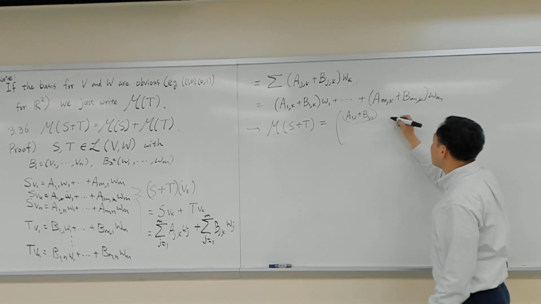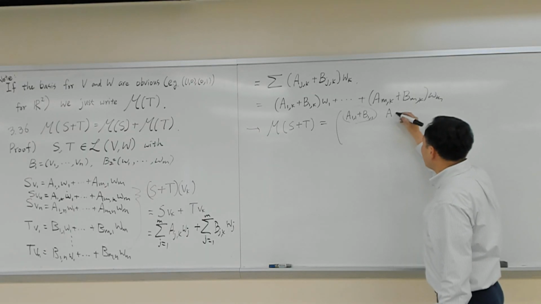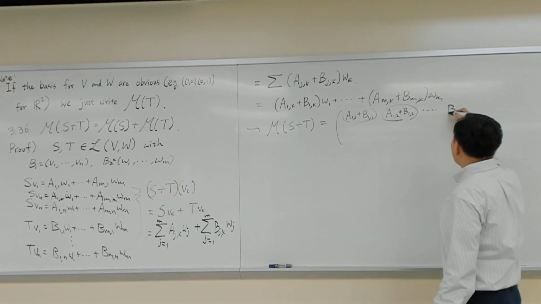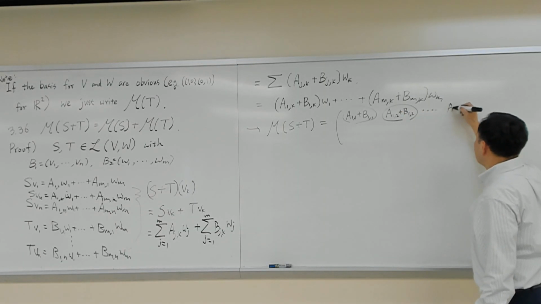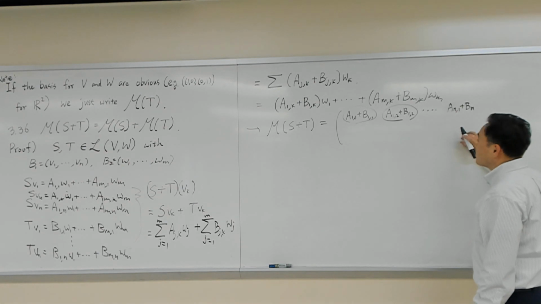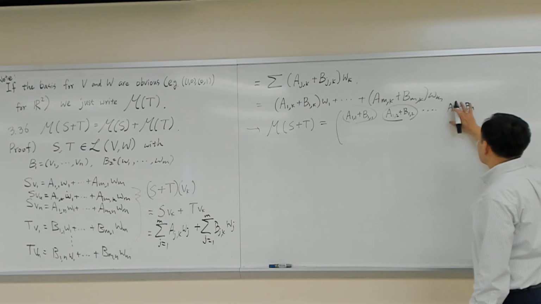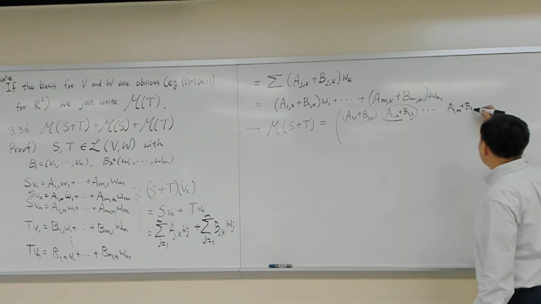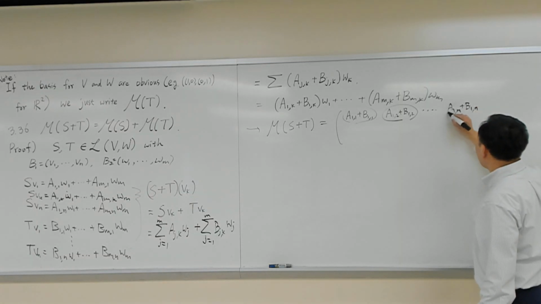And the next will be A12 plus B12, and all the way up to A1n plus B1n as a single number.